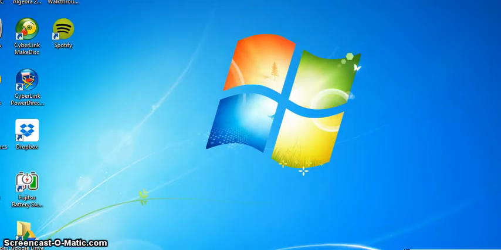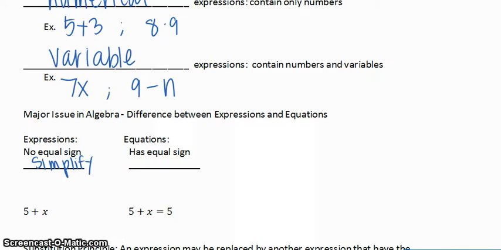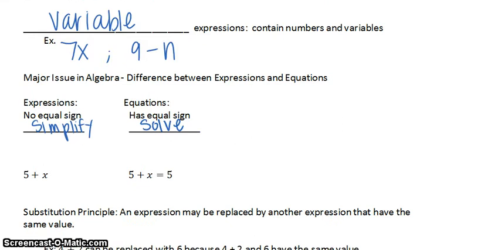Equations have an equal sign, so that's where you would solve it, if possible. If you look below them, you have two examples. 5 plus x has no equal sign, so it's an expression. Whereas 5 plus x equals 5 has an equal sign, so it's an equation.